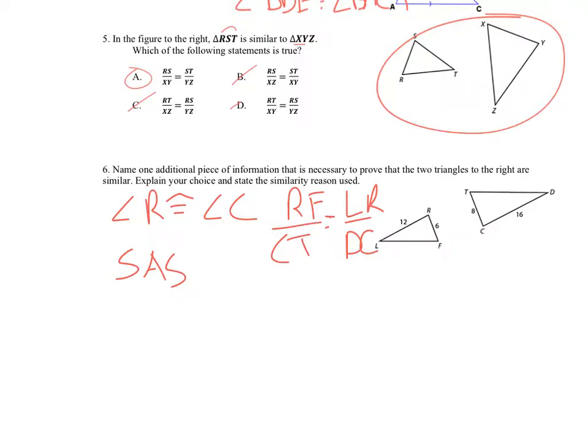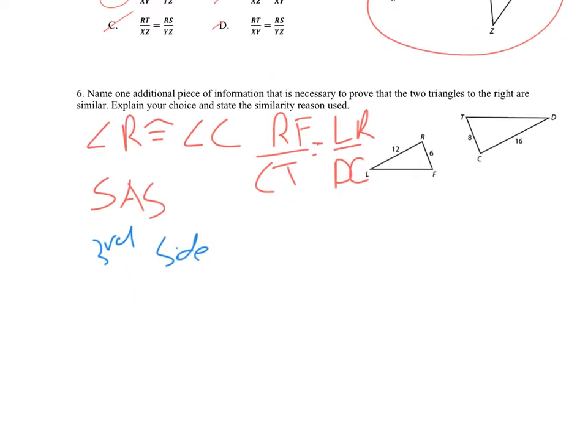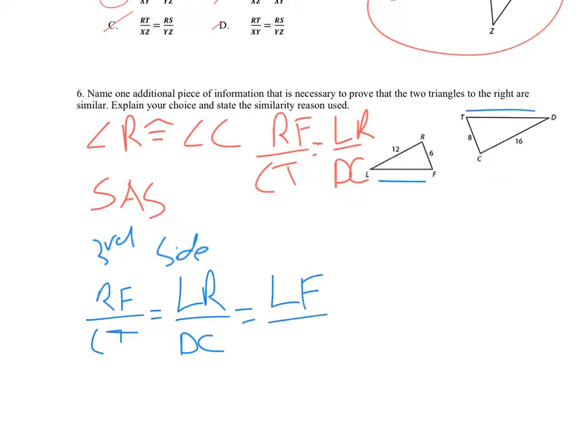The other way you could do it is ask for the third side, so that you could write, we already have RF is to CT, as LR is to DC, so then we just incorporate our third side here. So then we'd go LF is to DT.